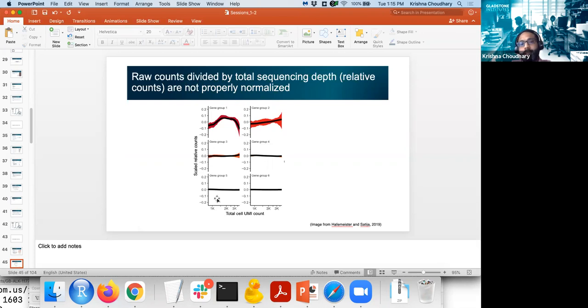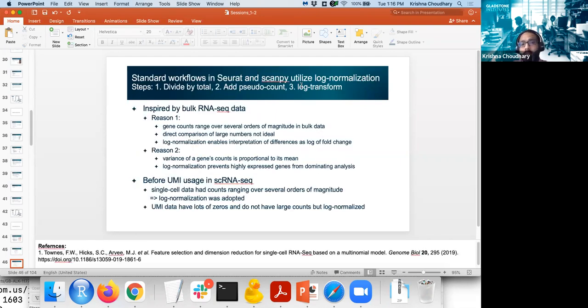One would expect that after normalization, if the expression levels of genes are appropriately captured by the relative counts, they won't vary with the total cell UMI count. But they do vary for some of the categories of genes, at least for this particular data set that the authors examined. In general, they could vary for all of the categories. So dividing by total sequencing depth is not a good practice.